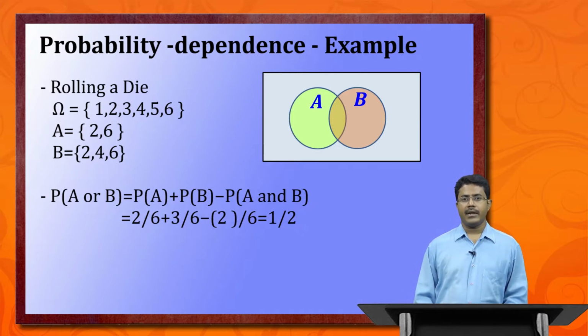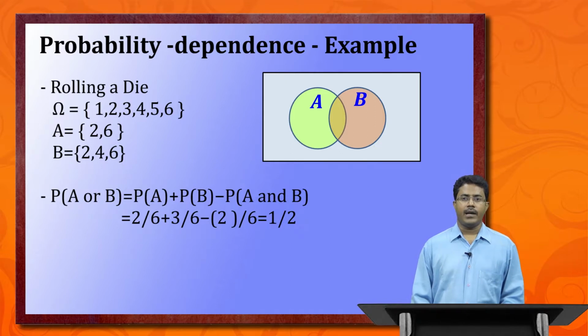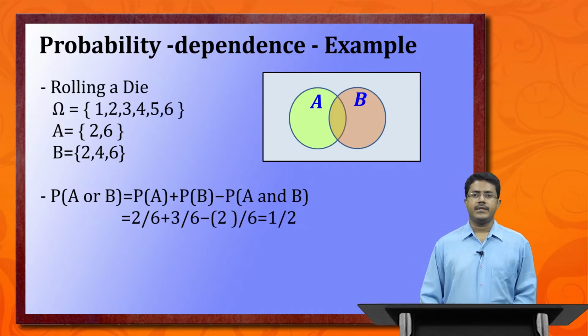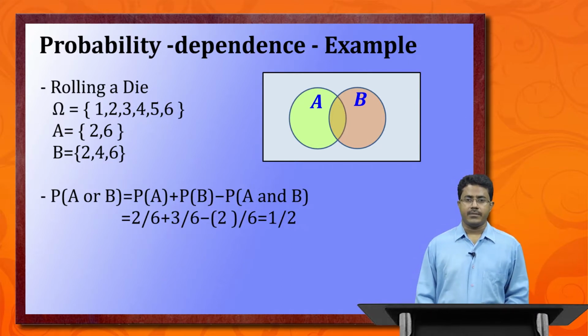We have to subtract the intersection event. If we look at the elements of A and B, only 2 and 6 overlap. So we subtract the probability of the two events, minus 2 by 6, from P(A) plus P(B). So you get the probability of P(A or B) equals half.